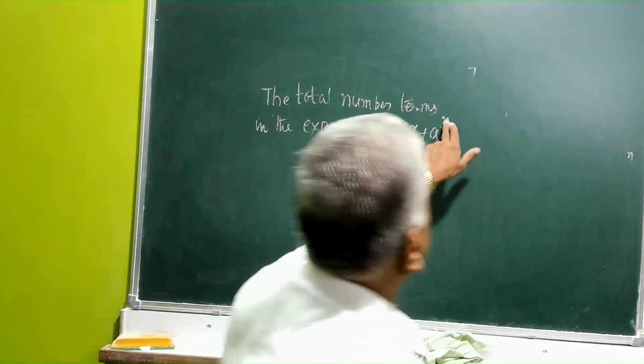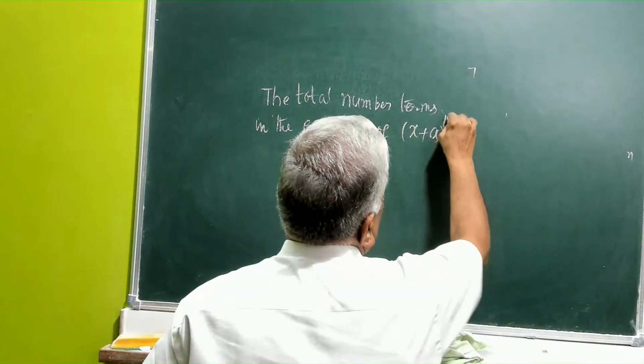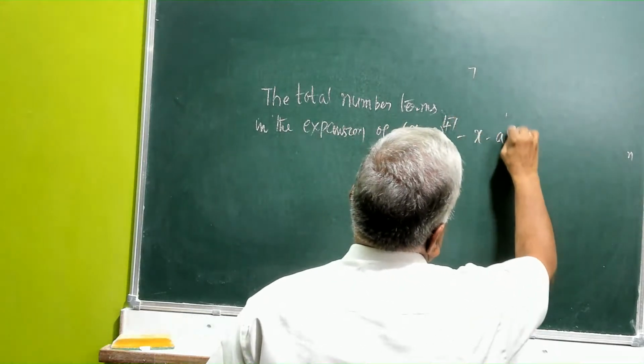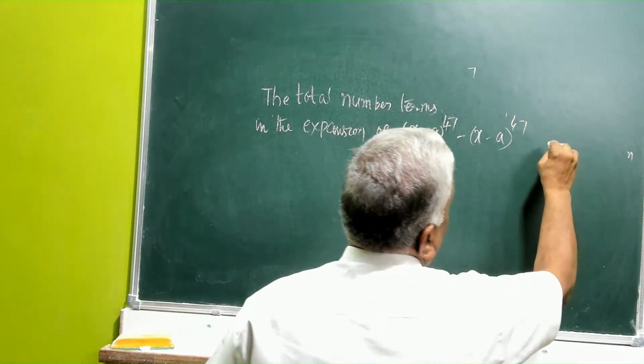No, they have given 47. (x plus a) to the power of 47 minus (x minus a) to the power of 47 is.